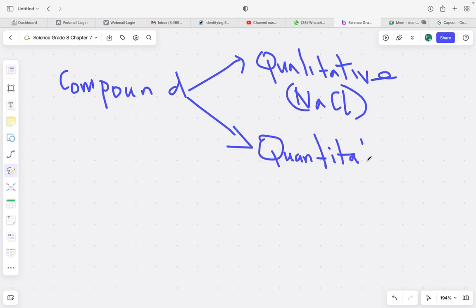Maybe sodium is 10%, maybe chlorine is 90%. So it tells the scientist how much percentage of each of the elements is in the substance. That's the quantitative technique.